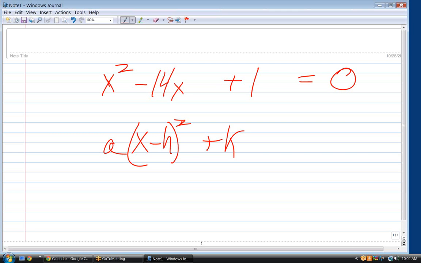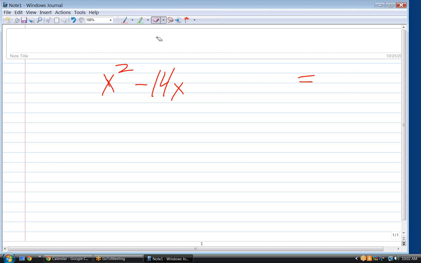However, if we're completing the square in order to solve it, I want the 1 on the other side. So let's do this as step 1, and you'll understand why after we complete the square.